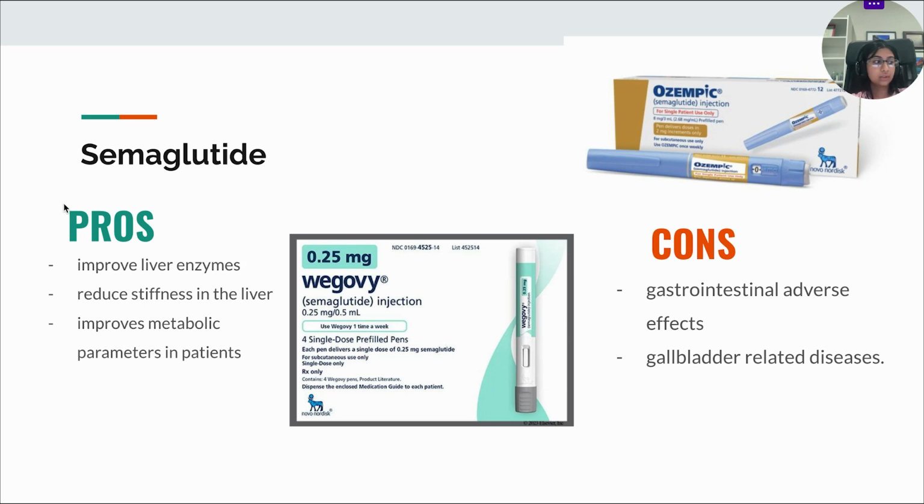Semaglutide has also been key in treating MASLD, with some of the pros of its usage for MASLD listed here. One pro of using semaglutide to treat MASLD is an improvement in liver enzymes, the reduction of stiffness in the liver, and the improvement of metabolic parameters in patients. A con of its use could be gastrointestinal adverse effects, as well as gallbladder-related diseases.